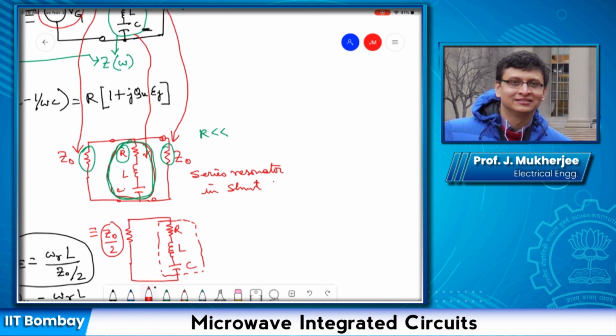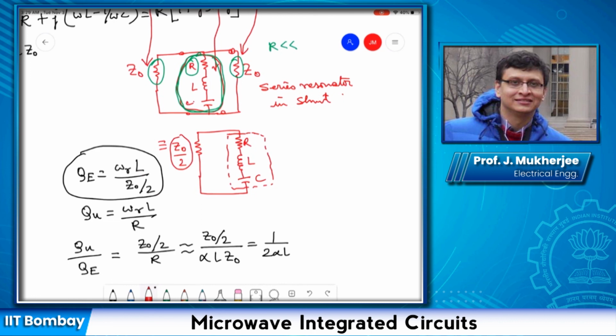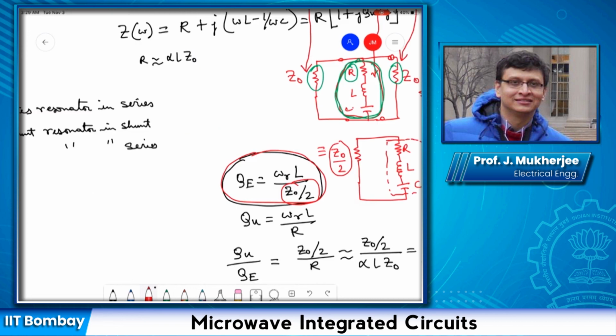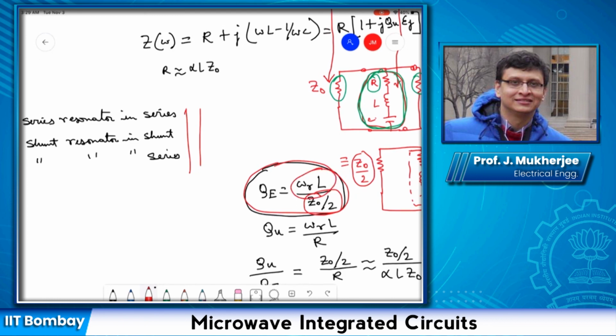I have shown that when a series resonator is in shunt, the QE value is given like this. The challenge is to find out what this R should be for these various cases. The numerator will remain the same. So try to derive that, and I leave it as an exercise for you.